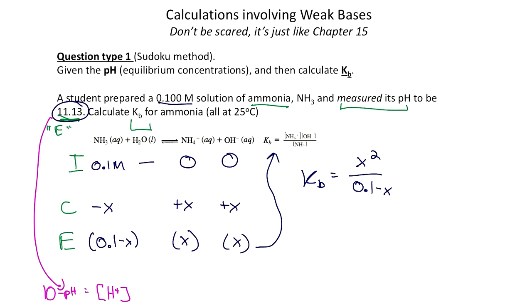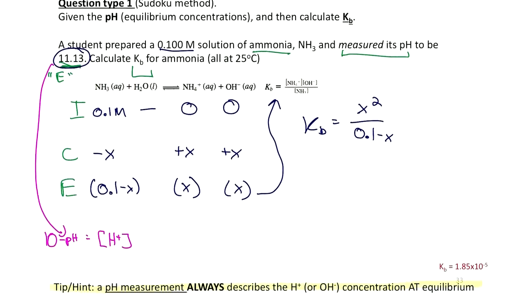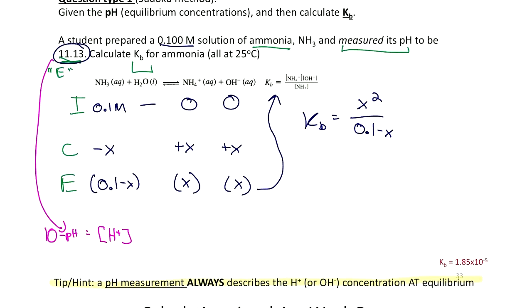Hydroxide concentration. So what should I do? Am I screwed? No, all I have to do is convert that pH to pOH. Since this is at 25 degrees, I can do the minus 14 thing. So I get that the pOH for this solution is 2.87. If I do 10 to the negative pOH, what concentration do I get out?